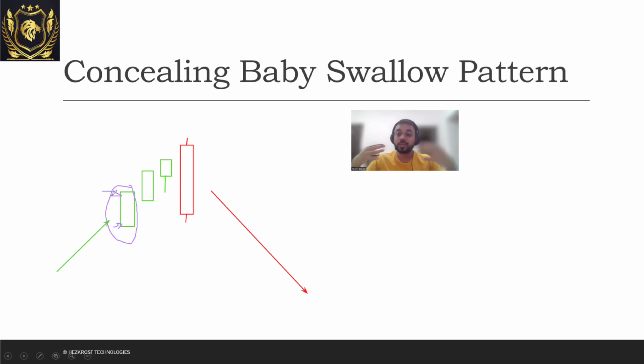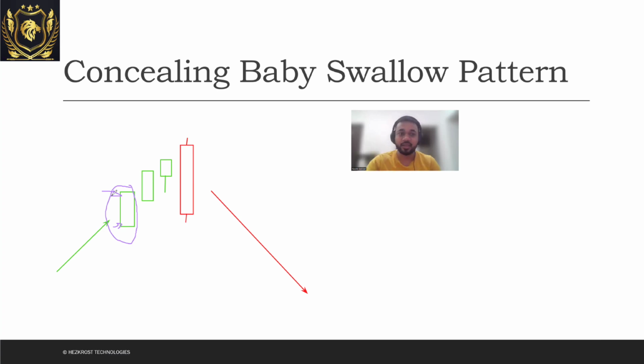There are so many buyers in the market that they are just buying wherever it opens, and wherever it closes, the close is equal to the high. So there's a lot of buying pressure getting built up.